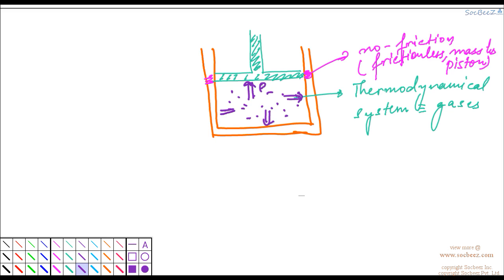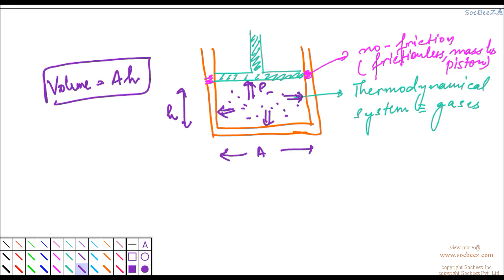There would be equal pressure, and there would be some temperature attributed to this gas, and the volume you can very easily calculate if you know the area of the base of the container and the height. So you can clearly say that volume is equal to AH. So this qualifies as a thermodynamical system, because it has a certain pressure, a temperature, and a volume.